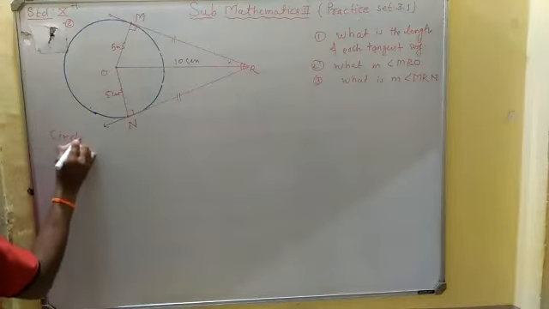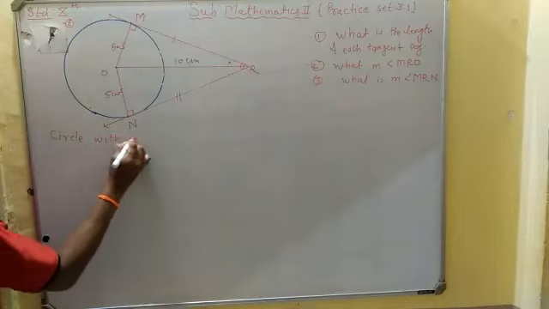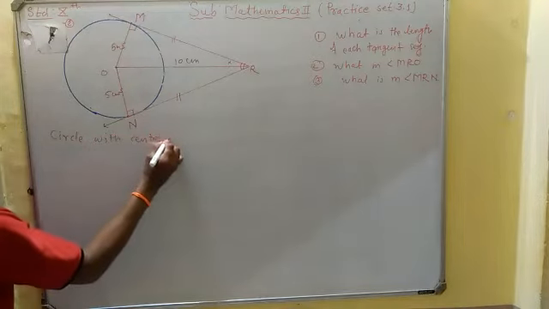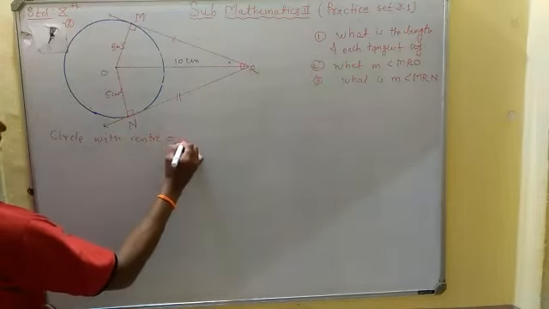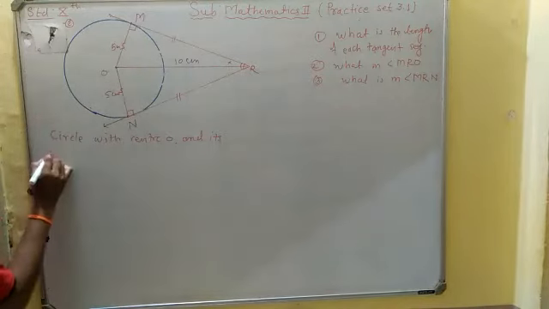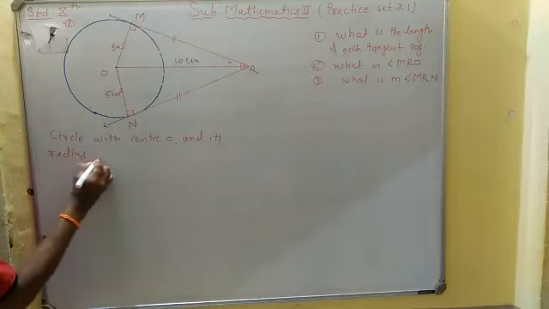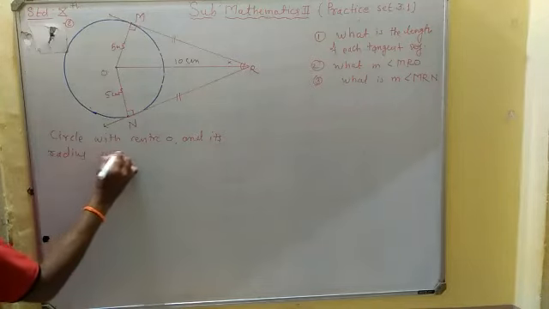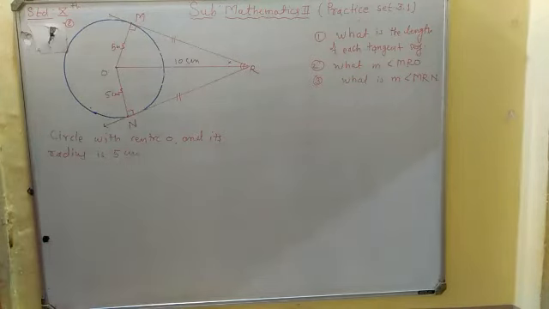Circle with center O and its radius is 5 centimeter. That is given here.